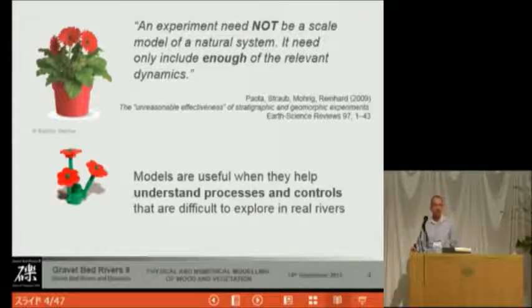But I think models are particularly useful when they help understand processes, because you can do that in a controlled environment. So most of the experiments I will show you today refer to this kind of model, where we are not looking at perfectly reproducing a prototype, but we are trying to understand some physics.